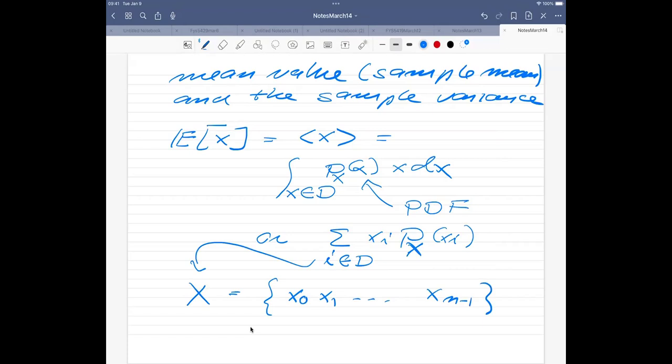So this is the definition of the expectation value in case we have either a continuous or a discrete probability distribution. Discrete means simply that we have discrete stochastic events, like tossing a dice, where you know that you have 6 possibilities. The thing is that this quantity which we have here is normally unknown to us.